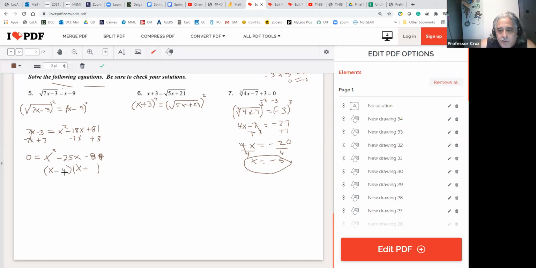So it's 4 and 21. So 4 times 21 is 84, and then 4 plus 21 is 25. There we go. It took too much time, but that's what a little mistake can do.